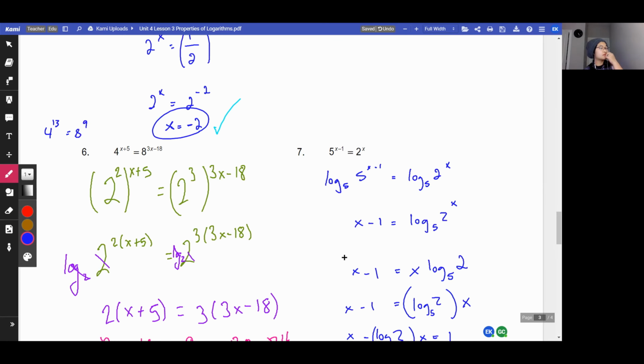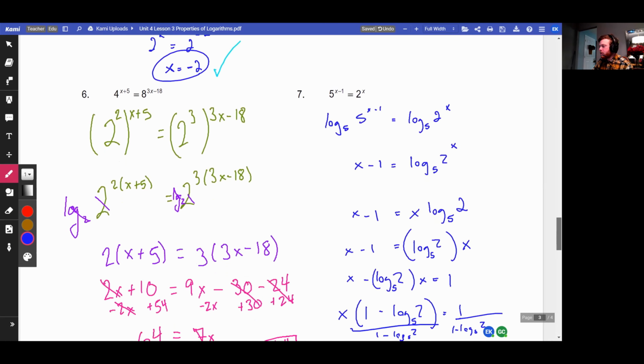So if my number is roughly 9, I believe that 4 to the 13 is equal to 8 to the 9. There's extra things going on there. That feels right. That feels totally right. It's a reasonable answer. It vibes. If you got something negative, I might be like, but that number feels legit.